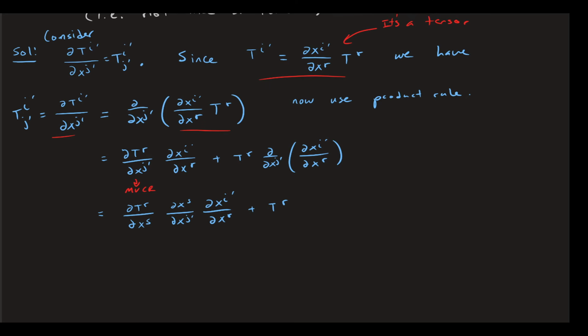This is going to be partial squared x_i' over partial x_s partial x_r, or you could use a different letter if you wanted, times partial x_s over partial x_j'.